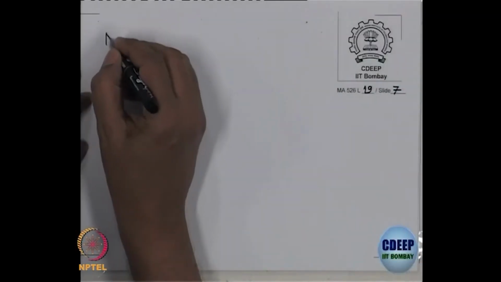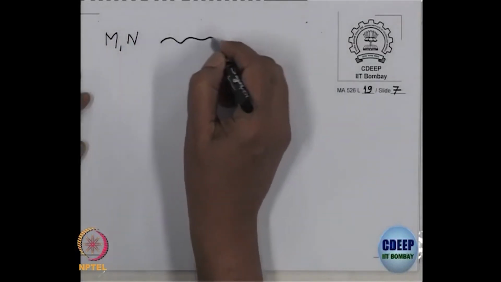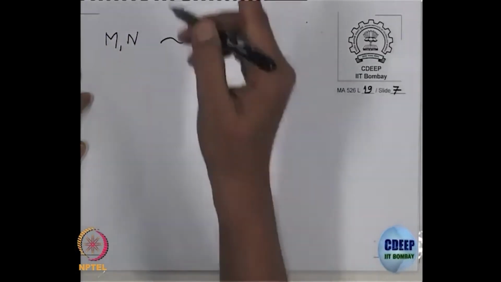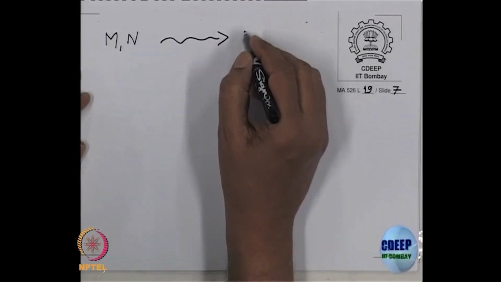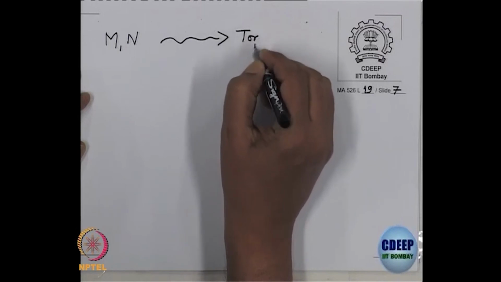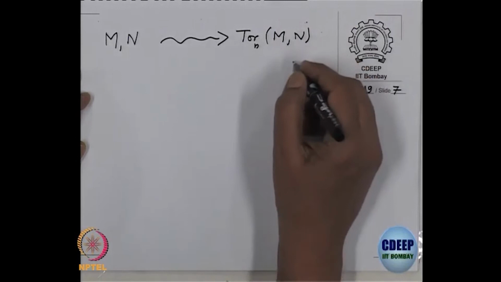Okay, now let us summarize and then I will extract the properties of this module that we will need to use for our calculation. So for two modules M and N, we have attached, the first which came from the tensor product, that is Tor n M N, and these are also A modules.